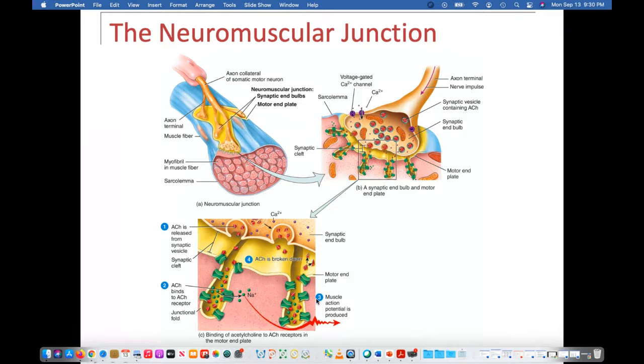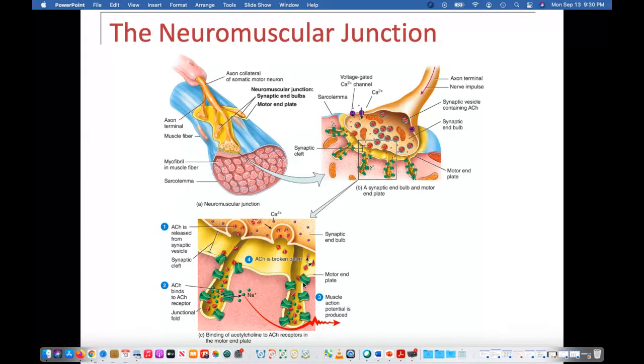For our purposes at this point, I know you haven't had neurology yet, but I want you to associate the term action potential with excitation, stimulation, or depolarization, all working together. So an action potential, excitation, depolarization, all working together.